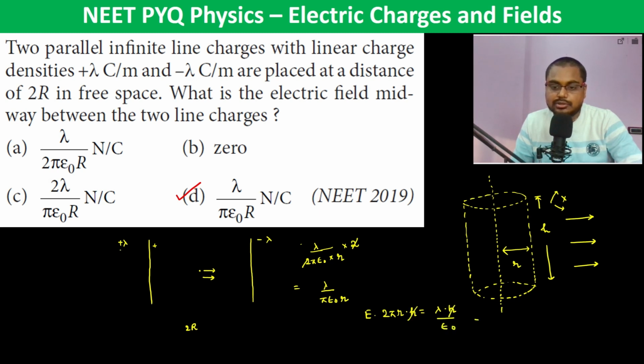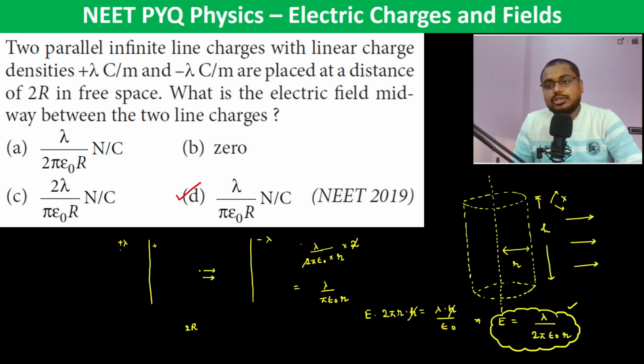So this cancels, and therefore the electric field becomes lambda by 2 pi epsilon naught r. This is the electric field due to an infinite wire. ओके, तो इसके कारण यहाँ पे लेमडा बाई 2 पाई एप्सिलॉन नॉट आर है, और इसके कारण भी इधर ही है. So therefore both add to each other and it is lambda by pi epsilon naught r.